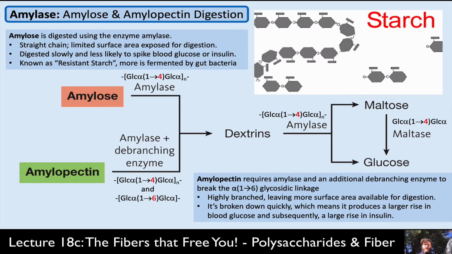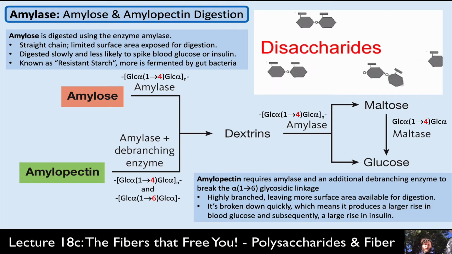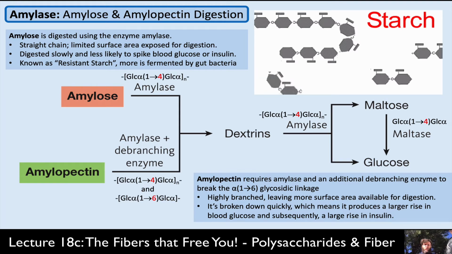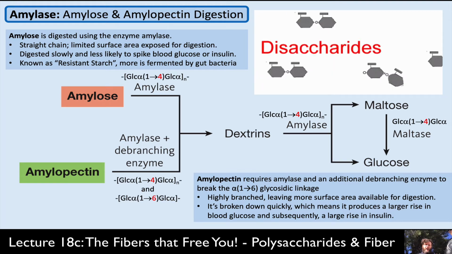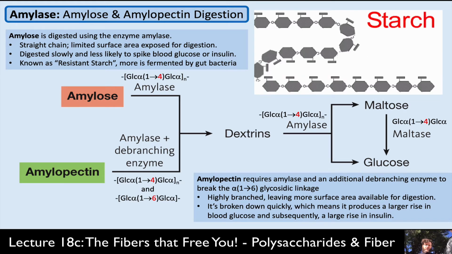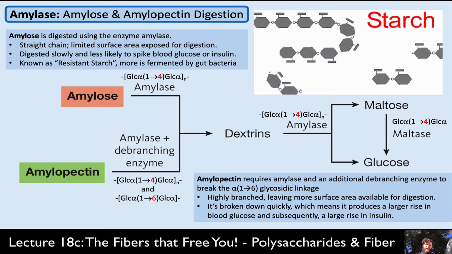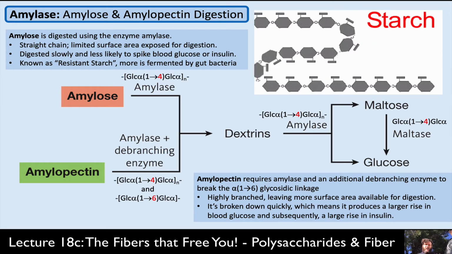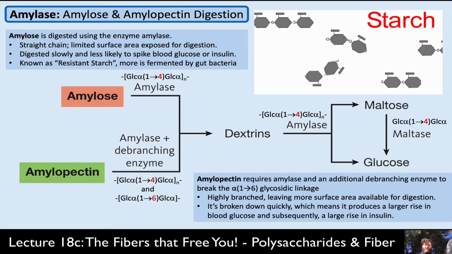The enzyme that we use to break the starch down is called amylase. Amylase breaks down amylose and amylopectin by cutting them up into intermediate chains of alpha 1,4 linked glucose called dextrins.